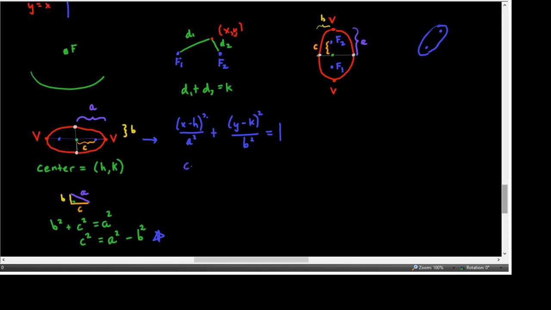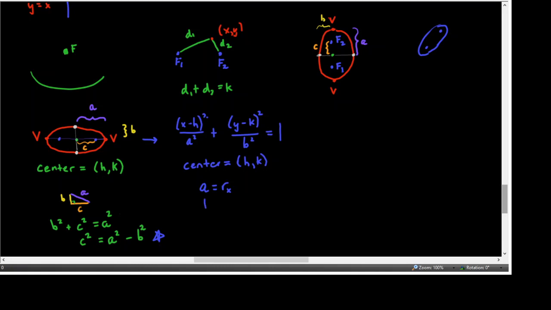Again, the center has coordinates h, k. And what I like to call the value of a in this particular problem, I like to call the x radius, because it's how far you're going in the x direction from the center to get to the vertex.